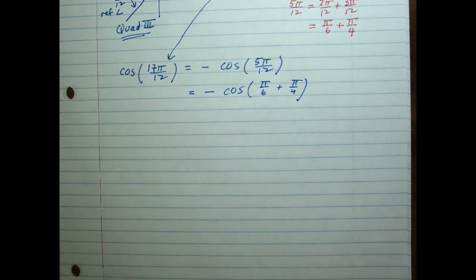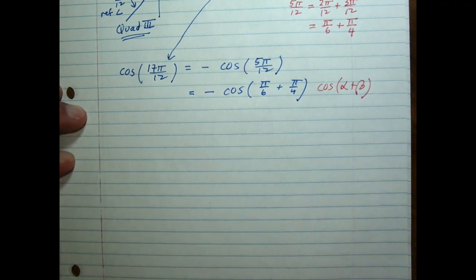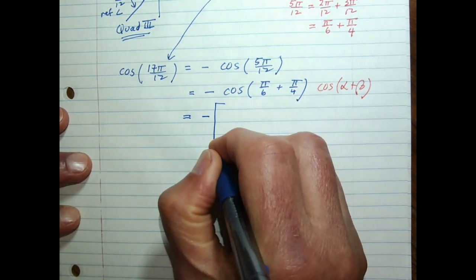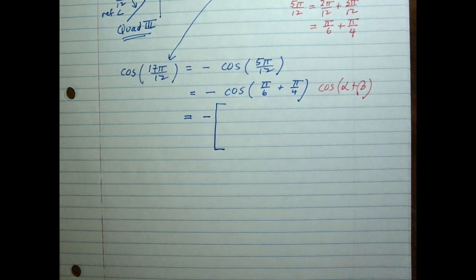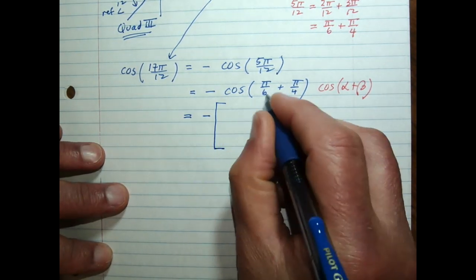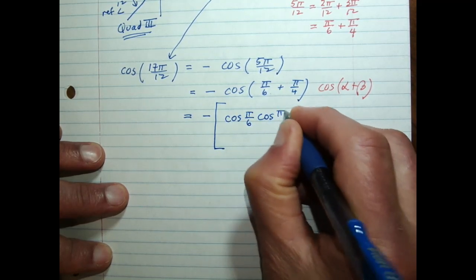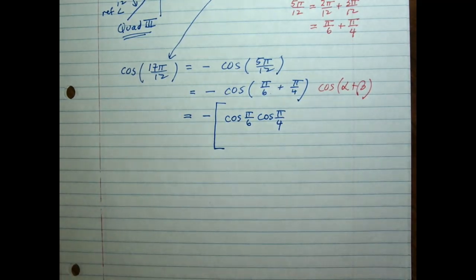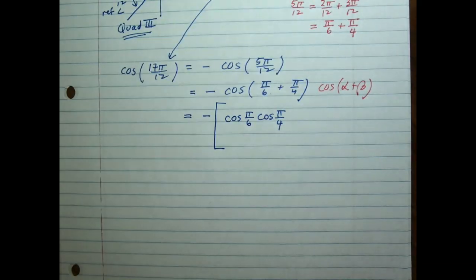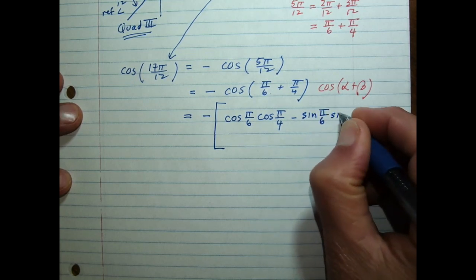And so we're going to apply the cosine of the sum identity with a little added hitch that we've got to remember. We've got a minus sign out in front of everything. So everything that follows is going to have that minus sign applied to it. So the cosine of the sum identity is cosine of the first, cosine of the second. I can be referring to my identity sheet here, cosine of the sum, third one down, minus sine of the first, pi over 6, sine of the second, pi over 4.